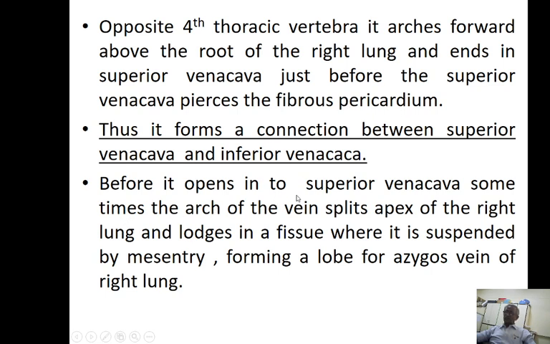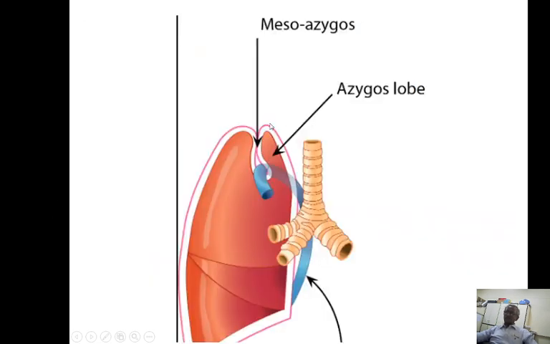Before it opens into the superior vena cava, sometimes the arch of the vein splits the apex of the right lung and lodges in a fissure where it is suspended by a mesentery, forming the azygos lobe of the right lung. So the apex of the right lung is pierced by the azygos vein before it joins the superior vena cava.